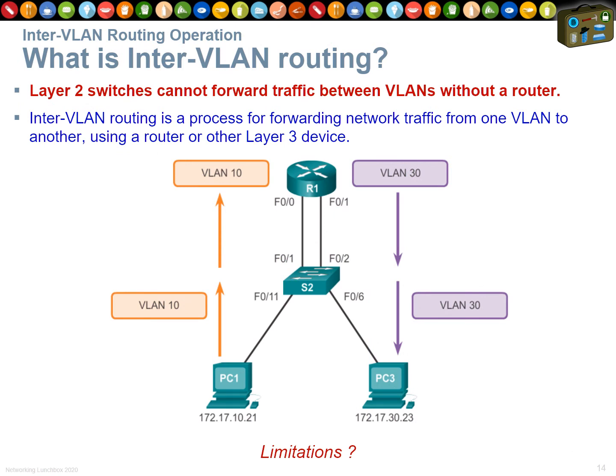So, what is inter-switch VLAN routing? Let's have a look. Nothing wrong with this at all. We've got 2 PCs, we've got a switch, we've got all this lovely thing set up here. So PC 1 is on VLAN 10, we go in here on VLAN 10, we come out of here on VLAN 10, we go into this router on whatever network it is, 172.17.10, we get routed, we come out at 172.17.30, go into here on VLAN 30, come out of here on VLAN 30, everything's fine, everything works.